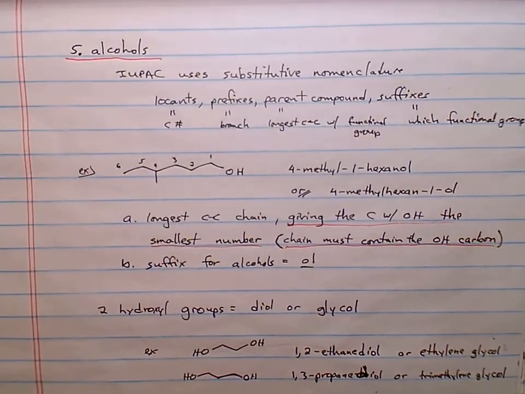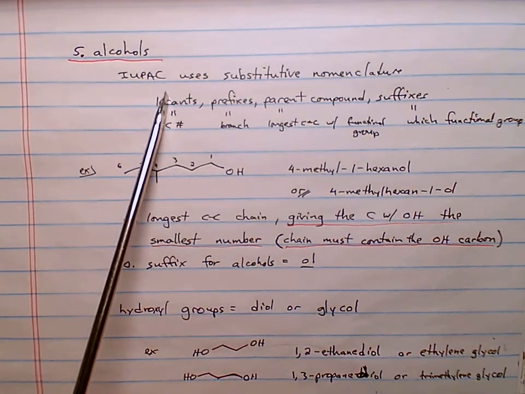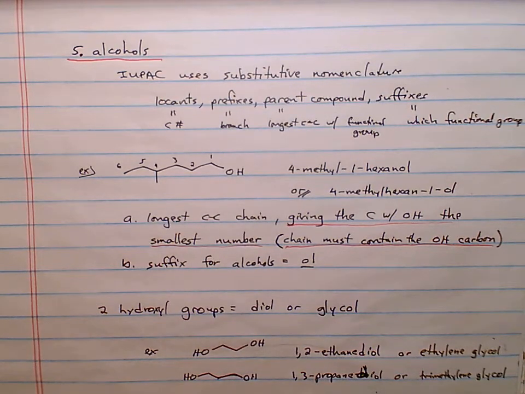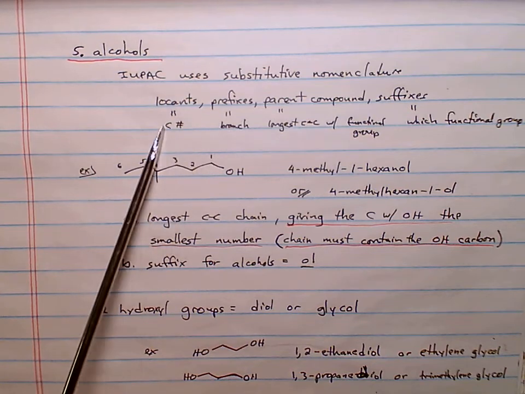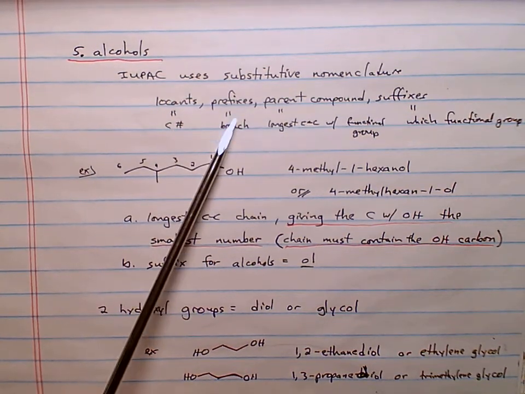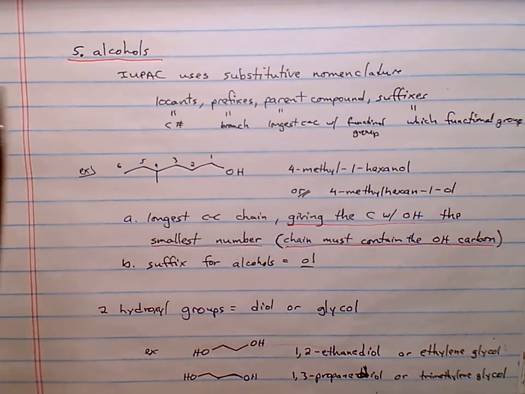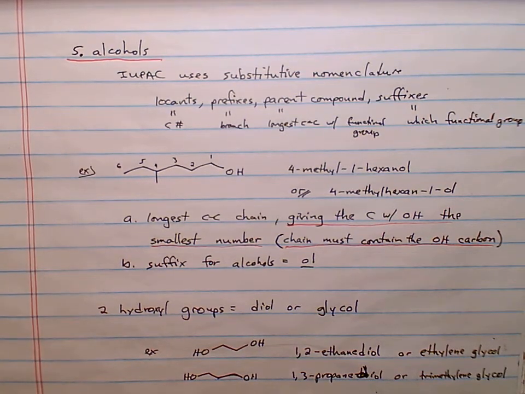Naming alcohols. All right. We're going to go by IUPAC's rules to begin with. It uses what they call the substitutive nomenclature, just like we were doing before, where you've got the carbon number, you've got what the branch is as a prefix, you've got the parent compound, but when you have an OH group, your molecule is no longer an alkane, it's an alcohol.